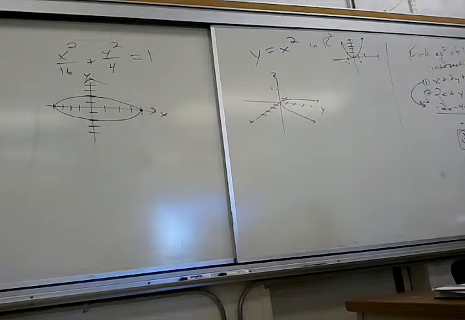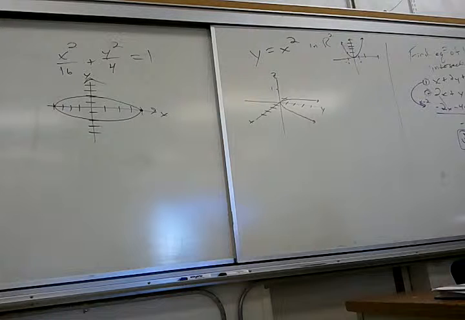What about this one? This is a little bit weird. When z equals 0, who sees what happens there? I get x squared over 4 plus y squared over 9 equals 0. The only way that can happen is... careful. If y is anything not 0, is there any way that could work? If y is 1, I can't make this negative 1 to kill it.